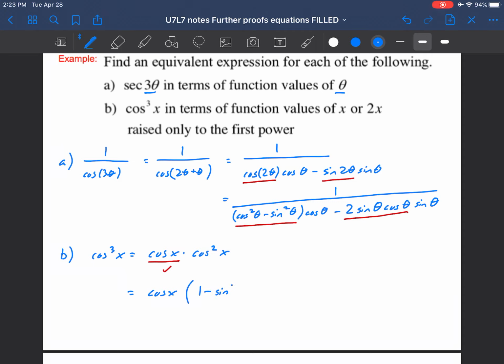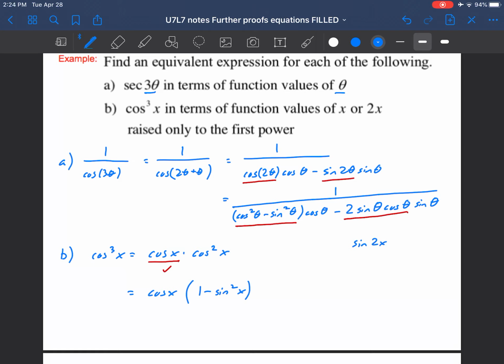This is 1 minus sine squared x. It doesn't really help us. I guess what we could do is just write it as cosine times cosine, but I don't think that's the point. Let's see, what double angles do we have?